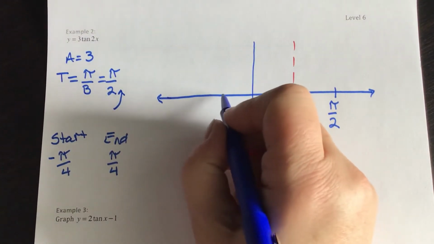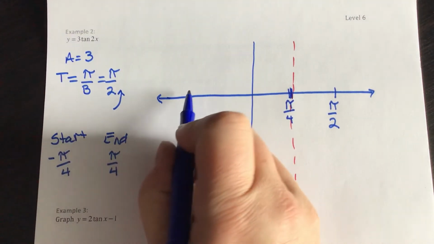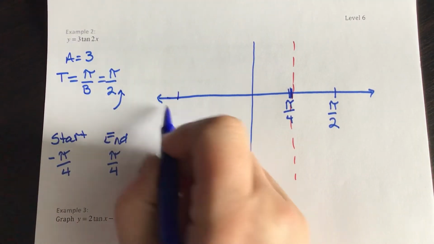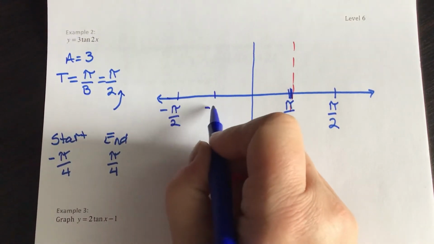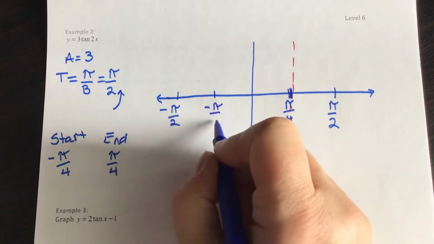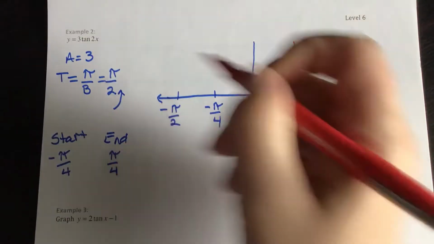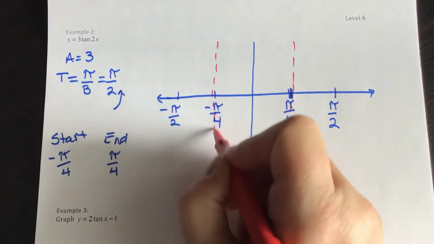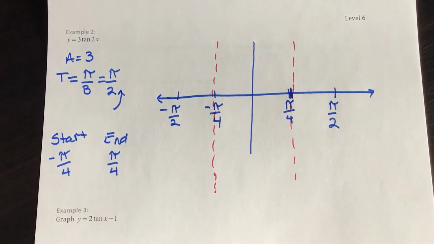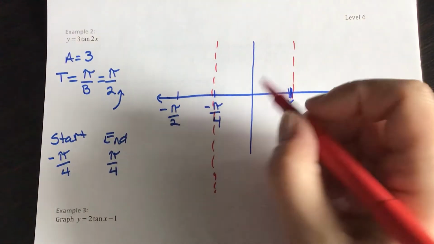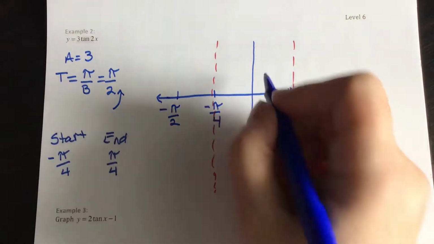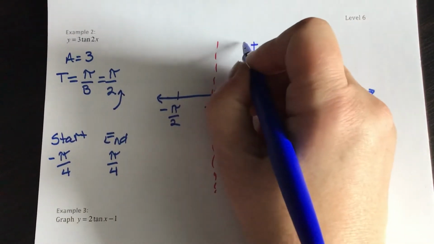At negative pi over 2, halfway would be negative pi over 4. And again, I'm going to have another vertical asymptote. All right, so here, my altitude is 3.